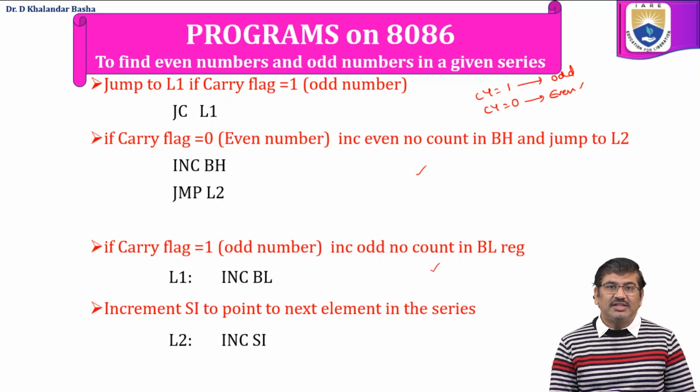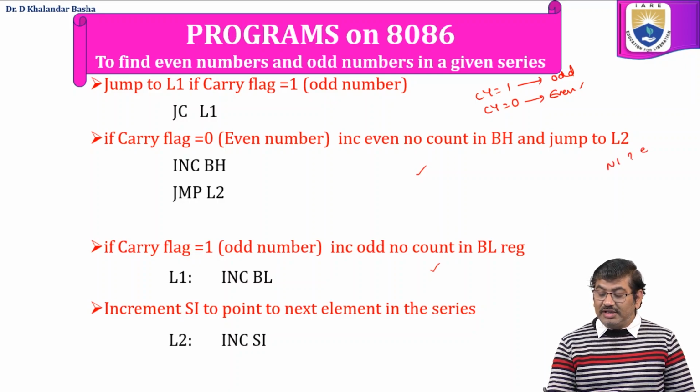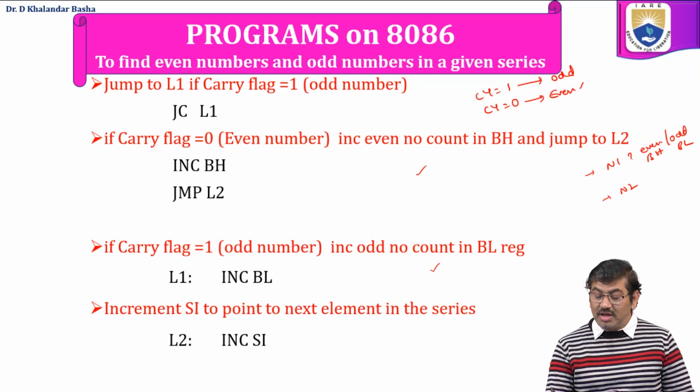Once you are done with this, then we have to progress to the second number. In this first iteration, N1 is checked. You have decided whether it is even or odd. If it is even, increment the BH counter. If it is odd, increment the BL register. As one data is done, I want to advance to the next data. Whatever address we are having, to advance to the next one, we are going to increment the SI value.